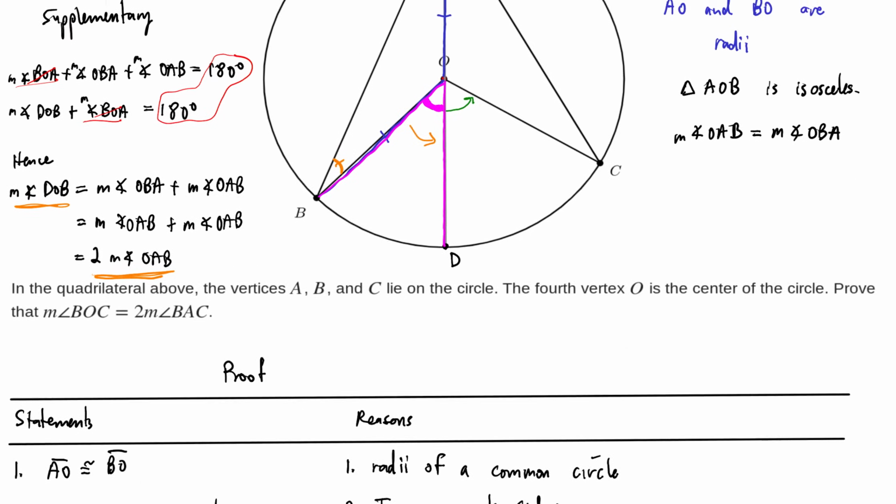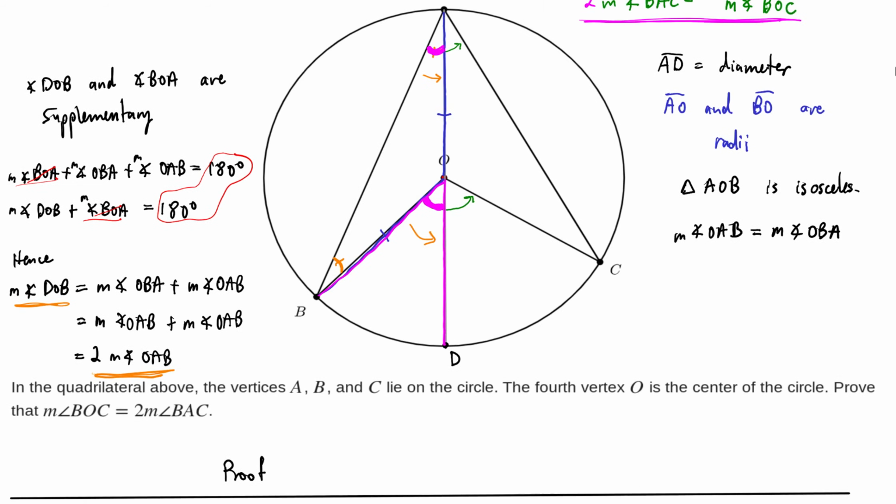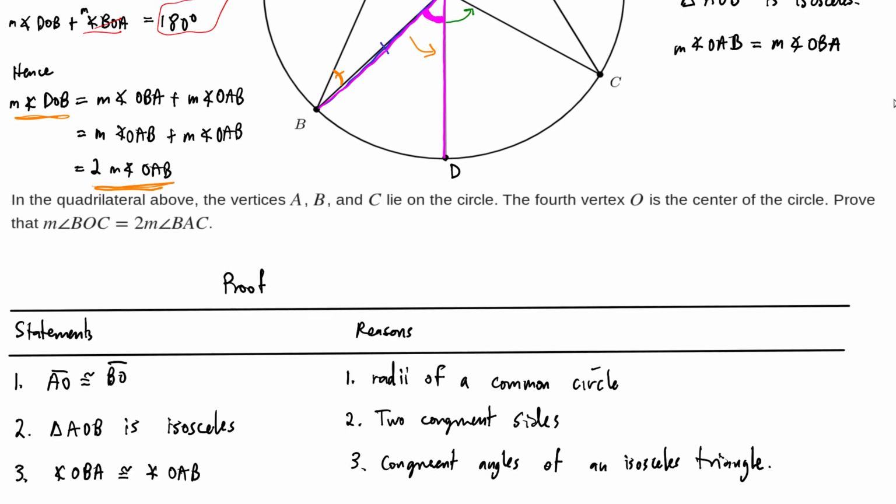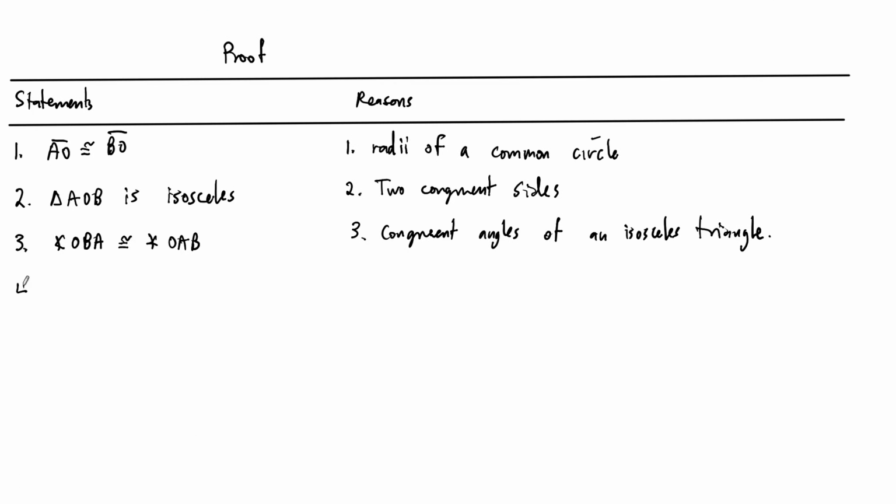All right, now we have 2 more statements that we need to say. So angle DOB and angle BOA, for the line segment, these 2 have to be supplementary. That's because of just properties of a straight line, but we should write it. So angle DOB and angle BOA are supplementary.